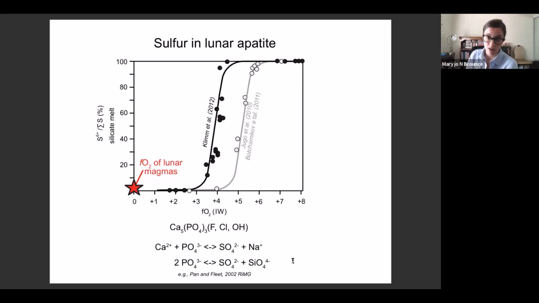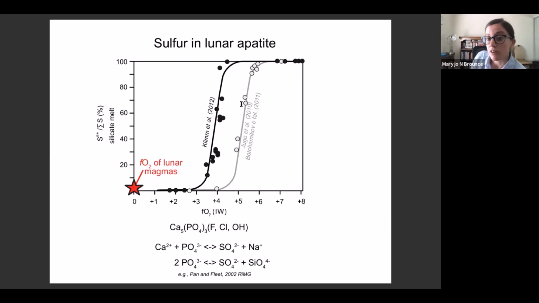Yeah, that's a great question. So there are two main controls on the solubility of sulfur in silicate magmas. The first is its major element composition. So the difference between these two groups of experiments that I'm showing you here in gray and in black are the major element compositions of the melts that they're studying.